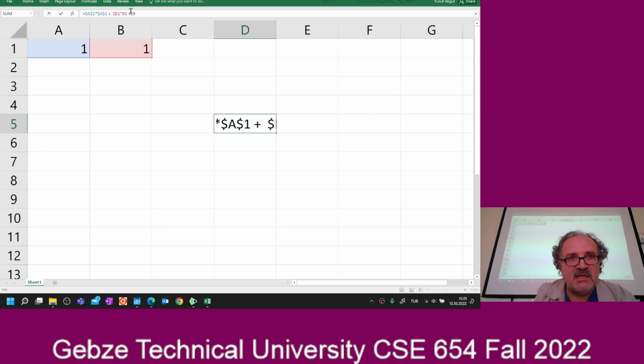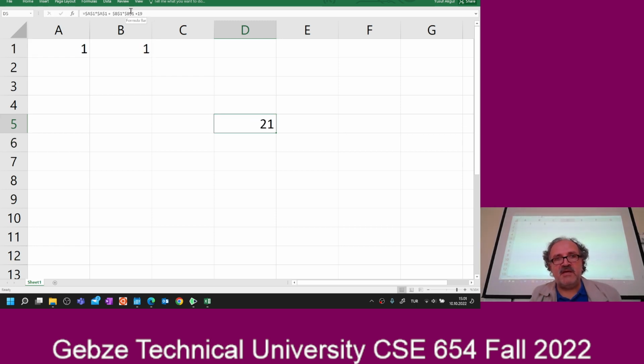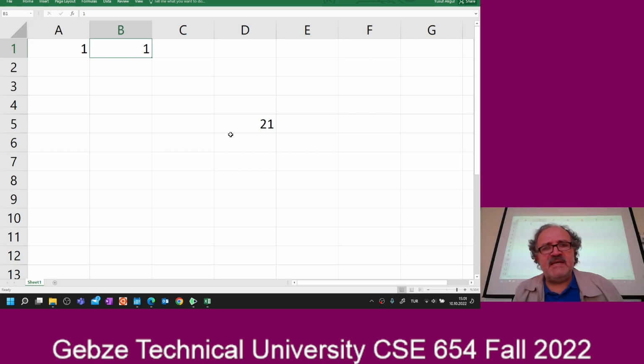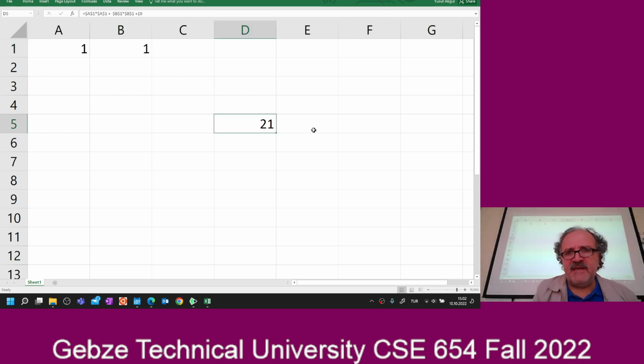I am putting those dollar signs in there when I copy it. So that's A and B. What is the derivative of this thing?